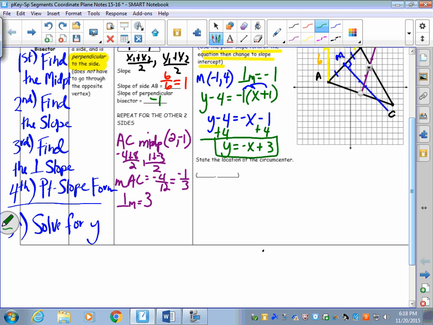And we are going to do it now for side BC. Find its midpoint. If I look, I see it. The midpoint of BC is at (5, 2). So I'm going to put a point to represent that midpoint at (5, 2). And then I'm going to find the slope of BC.